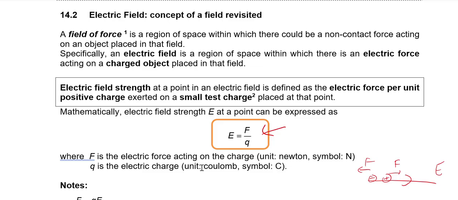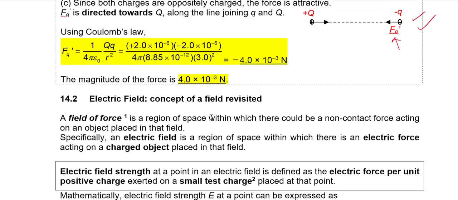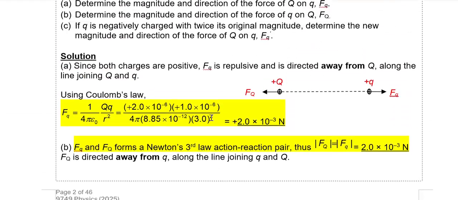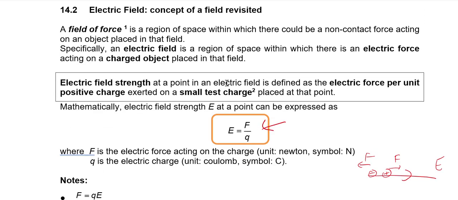This is a general formula that can be used in any case. Again, I remind you that the formula above this one can only be used for two point charges. This formula is specialized to two point charges. This one is a general formula. E equals F over q can be used for general things, so you don't have to worry about the context.